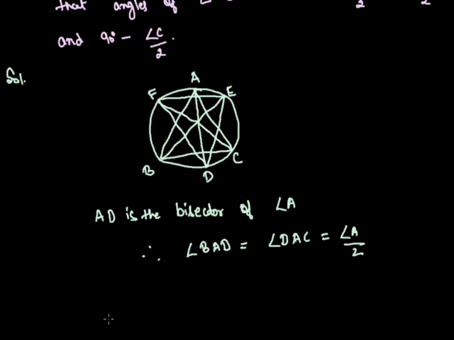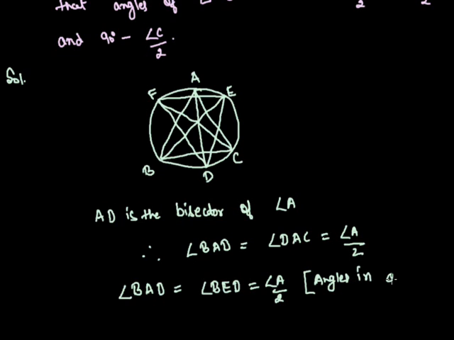Now angle BAD is equal to angle BED, which is equal to angle A by 2, as angles in the same segment of a circle are equal.